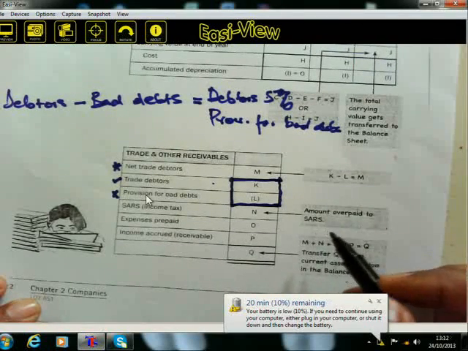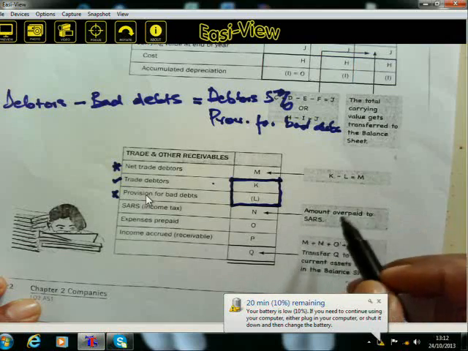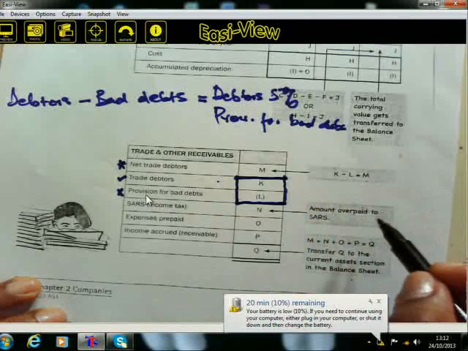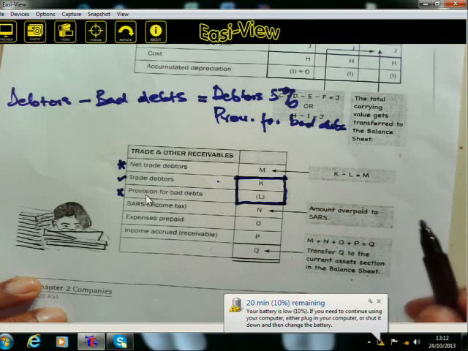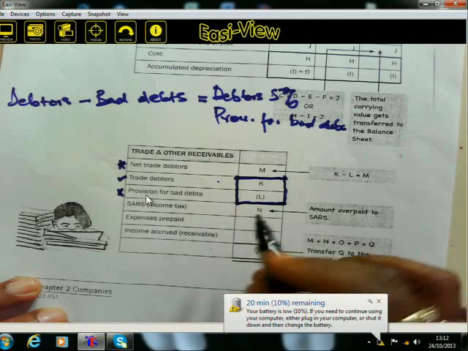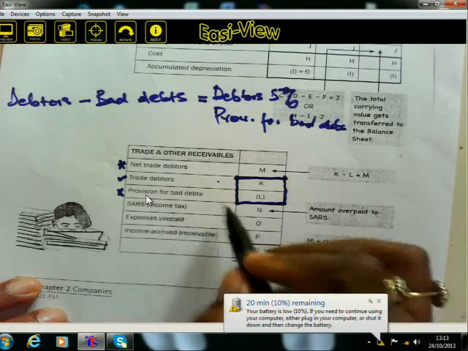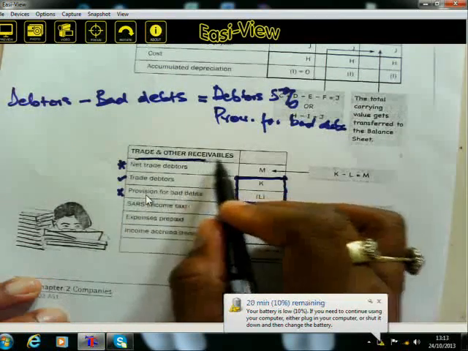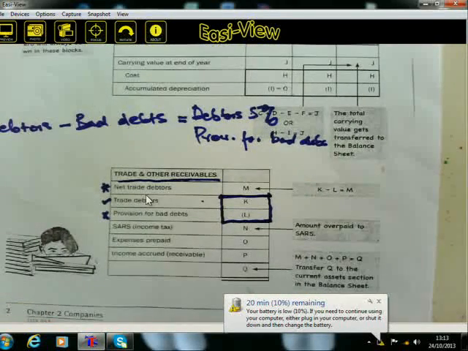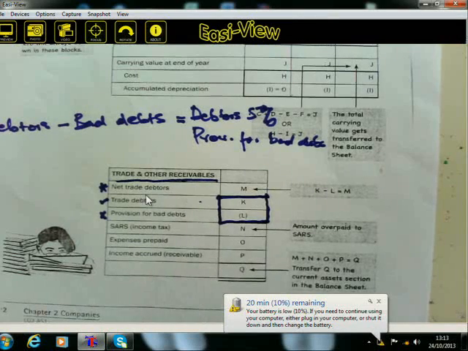Now, at the end of the financial period, we say this is the overpayment we have considered. If we have overpaid SARS, it's not part of the creditors, but it's part of the trade and other receivables.